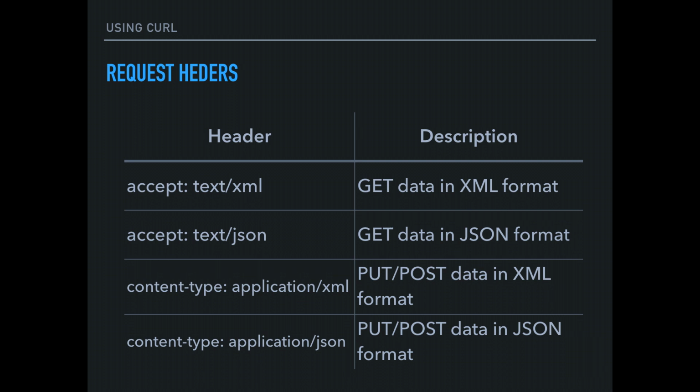And when you are putting or posting data, you have to tell it what you're giving it. Note that when you're doing a GET, the header starts with Accept, and when you're doing a PUT or POST, it starts with Content-Type. In that repo, there is a curl reference that has all of these flags and headers and things as well. So if you don't want to copy all this down, it's all in that repo.